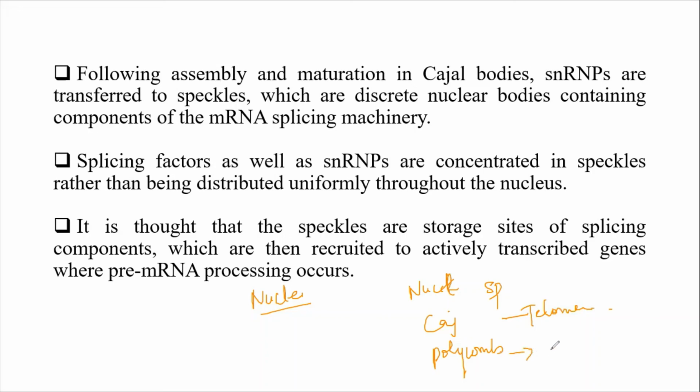Polycomb is meant for keeping your chromatin as a transcriptionally inactive region, where enzymes like PRC1 and 2 do the methylation. Then we discussed the spliceosome machinery, which concentrates in your nuclear speckles. ठीक है. So listen to the video again, make short notes. Already one table was there where you can get the list of the nuclear bodies.